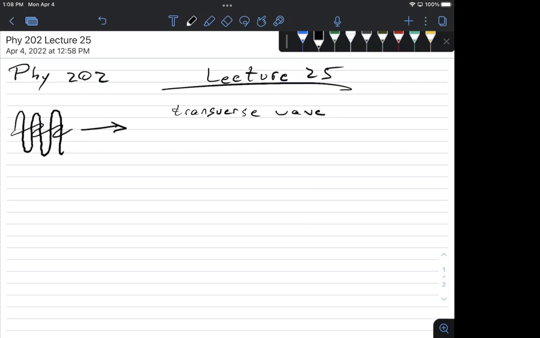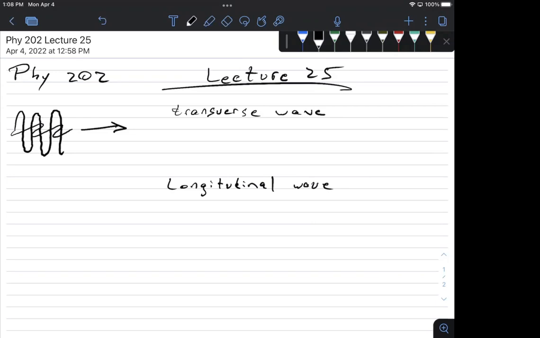This is as opposed to what's called a longitudinal wave. Which you can guess based on the definition of the transverse wave, the direction of motion is the same direction as the direction of the wave.